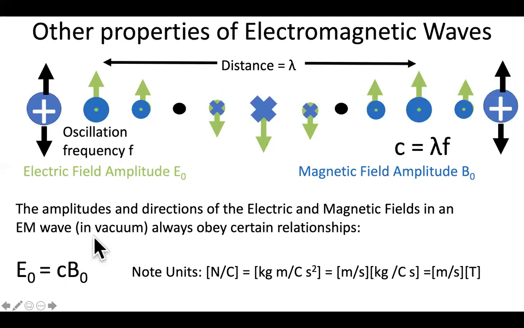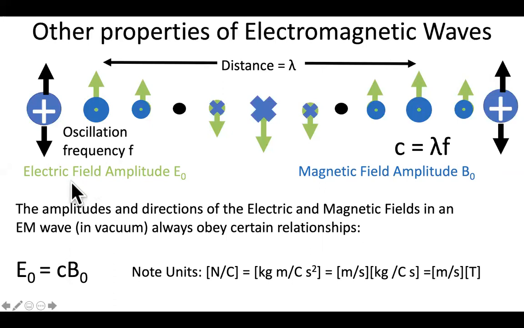So again, these are amplitudes. These are the maximum magnitude of the electric field and the maximum magnitude of the magnetic field. These things oscillate back and forth, so sometimes they're positive, sometimes they're negative, but their amplitudes have this relationship whenever the wave propagates in vacuum.